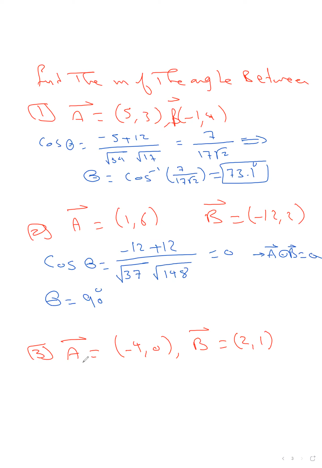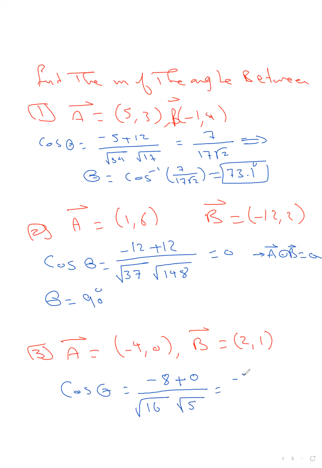The third one. Cosine theta equals negative 8 plus 0 over 4 multiply root 5, 4 or 16, 16 times root 5.